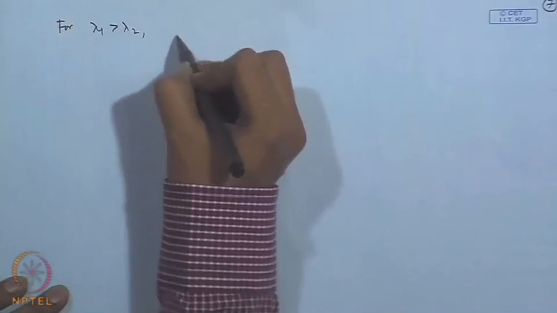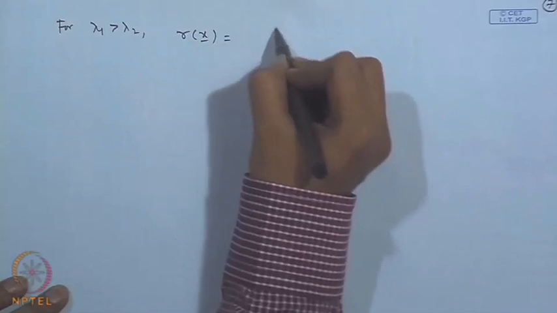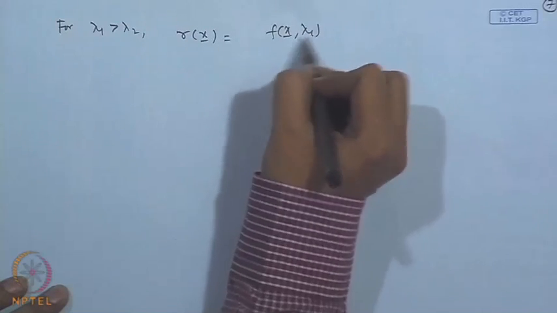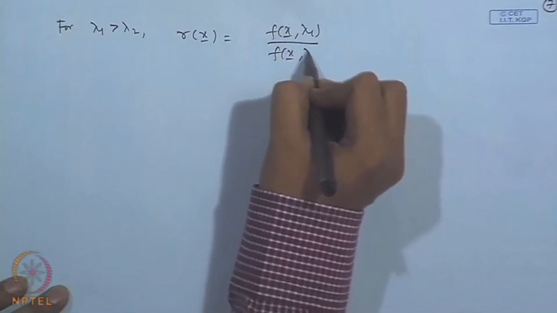So, if we consider the ratio for lambda 1 greater than lambda 2, let us consider the ratio f(x; lambda 1) by f(x; lambda 2).